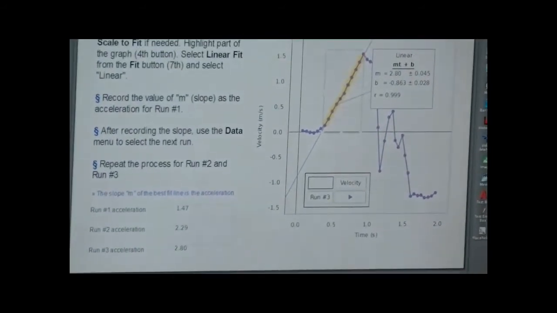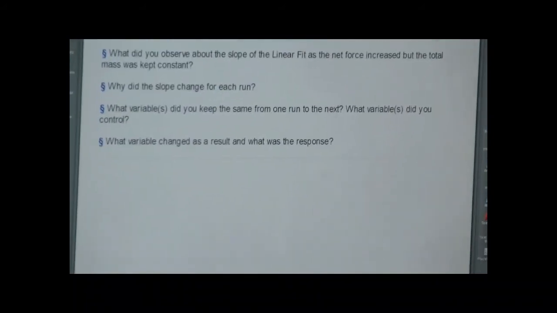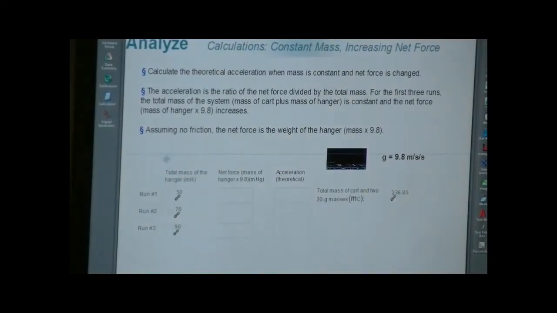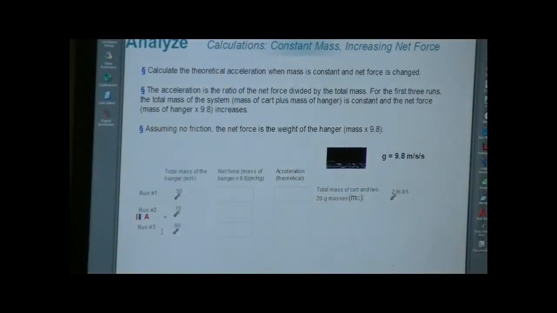So now that we have our experimentally calculated acceleration, we're going to have you calculate what the theoretical acceleration is. So total mass of our hanger, like I mentioned, is 50 grams for the first run, 70 grams for the second run, and 90 grams for the third run. You're going to calculate the net force by multiplying our mass by the acceleration due to gravity to calculate our theoretical.